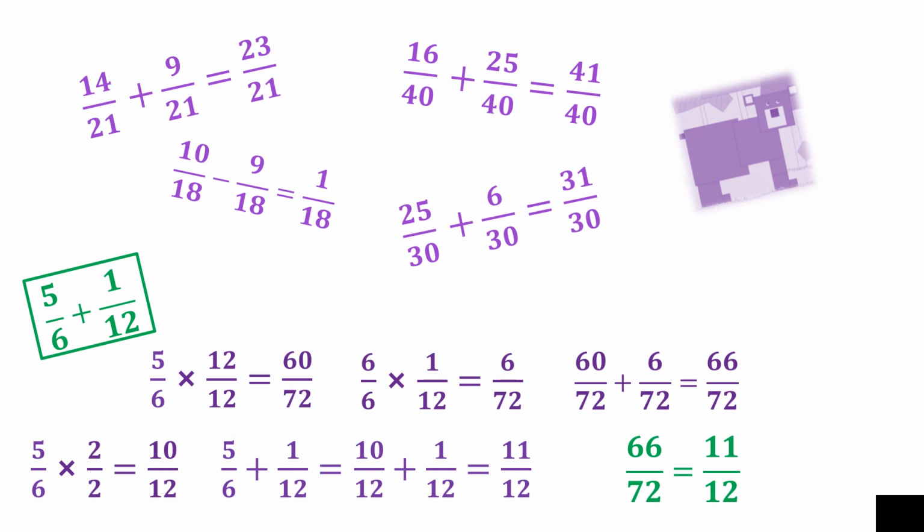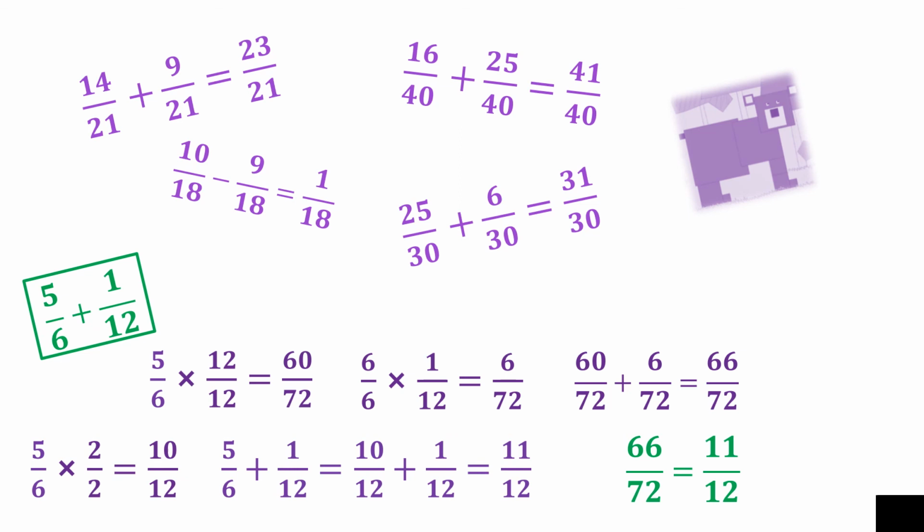Suppose we multiplied 5/6 by 1 in the form of 2 halves. That would give us the equivalent fraction of 10/12. We could then add 10/12 and 1/12, and our answer, the sum, would be 11/12. So did we actually get two different answers?